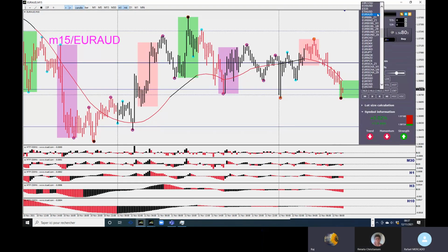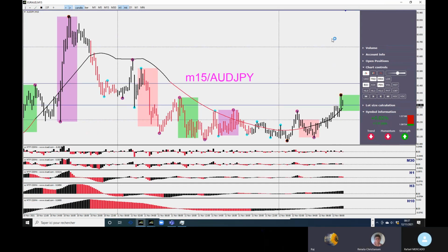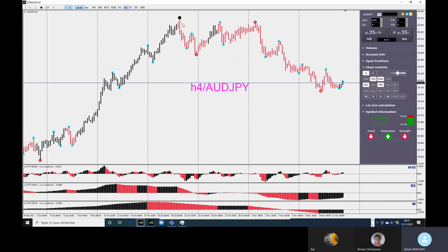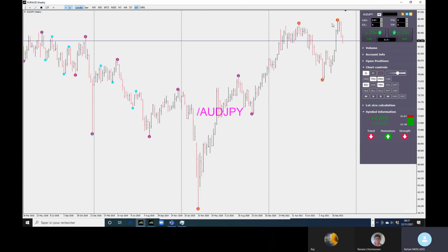Either you or Rana get to this one. I know it's hard for me to keep quiet, but don't let me. It's fine for us. Okay, so this is Aussie yen. So on the 4 hour, we have a weekly black ball here, and it is a 3 ball.